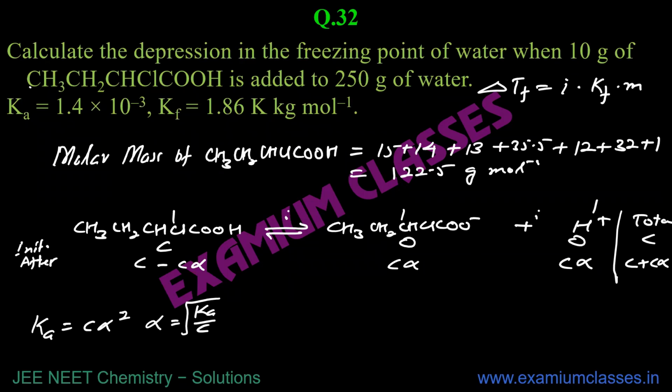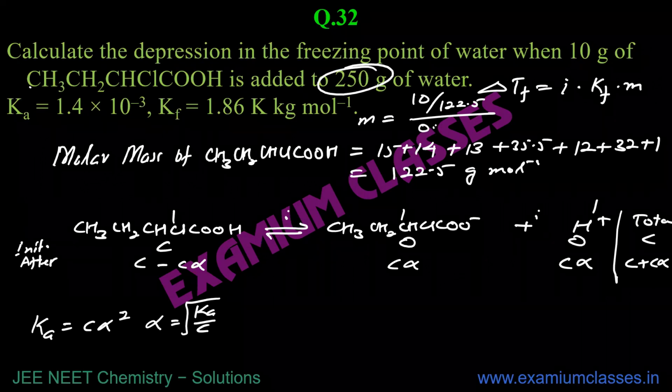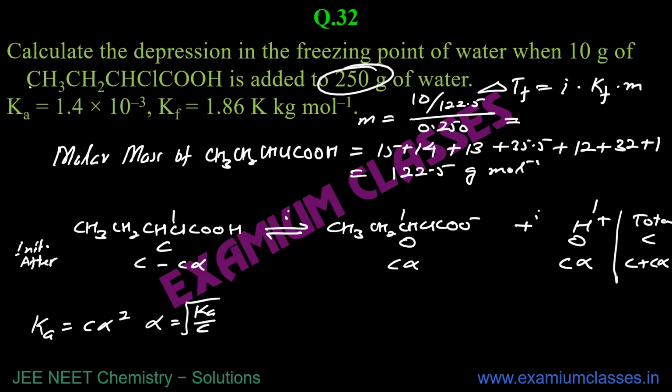So initially I said you can substitute the values at a later stage, but you have to do it right now. So molality will be equal to number of moles, that is given mass divided by molar mass, divided by mass of solvent in kg, 0.250. Okay. Let me calculate.